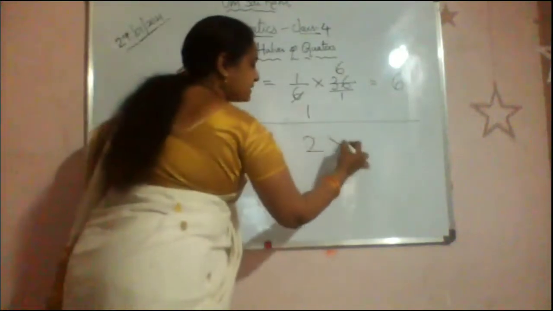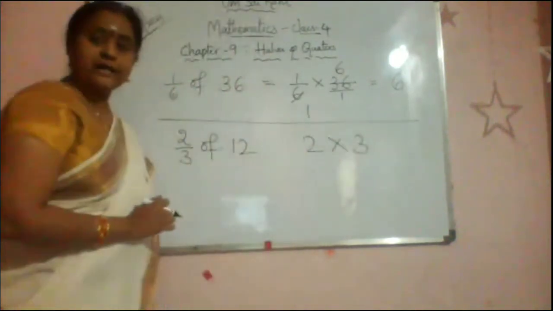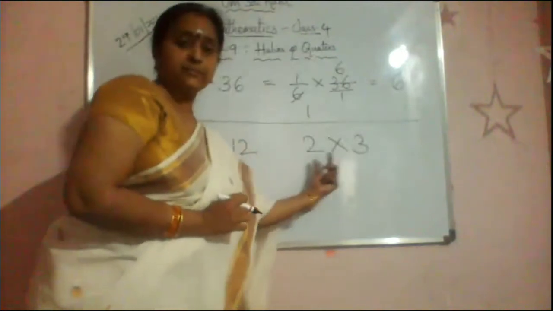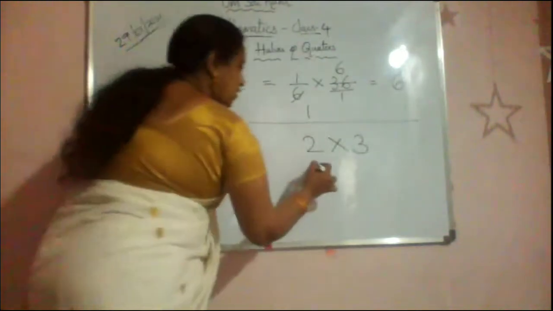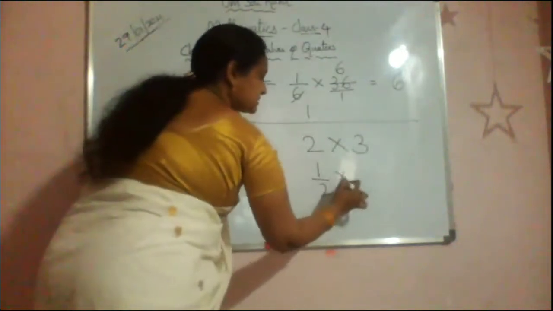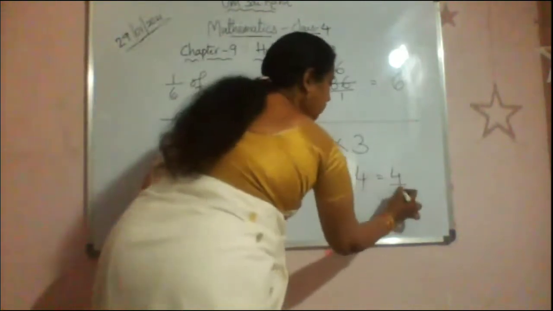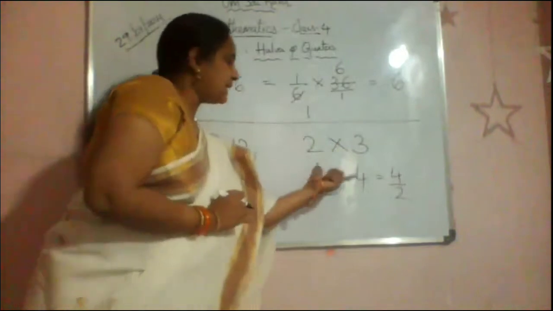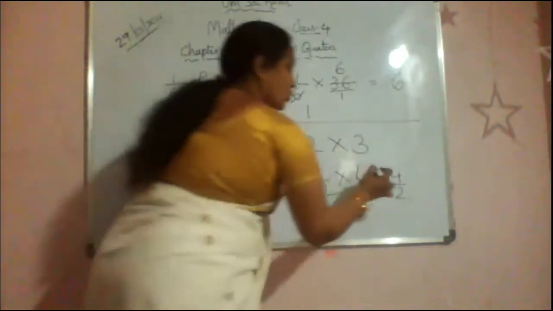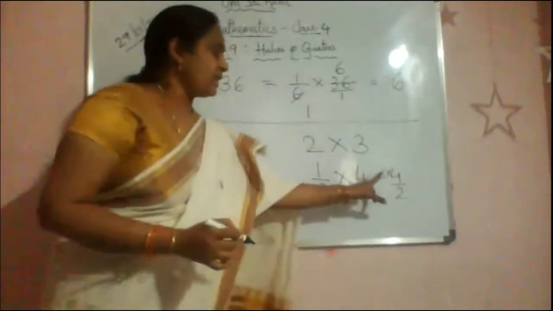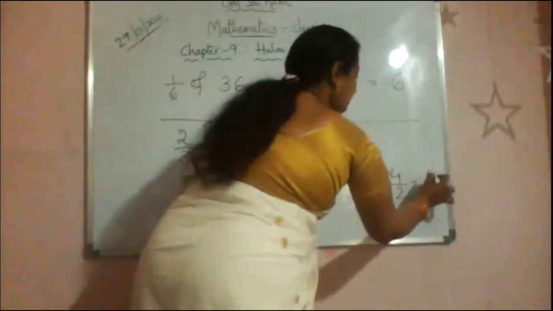Suppose you have it like this, that is multiply, so both are numerators only. Now suppose you have it like this: 4/2. We are multiplying these two. 1 into 4, what are we getting? 4.